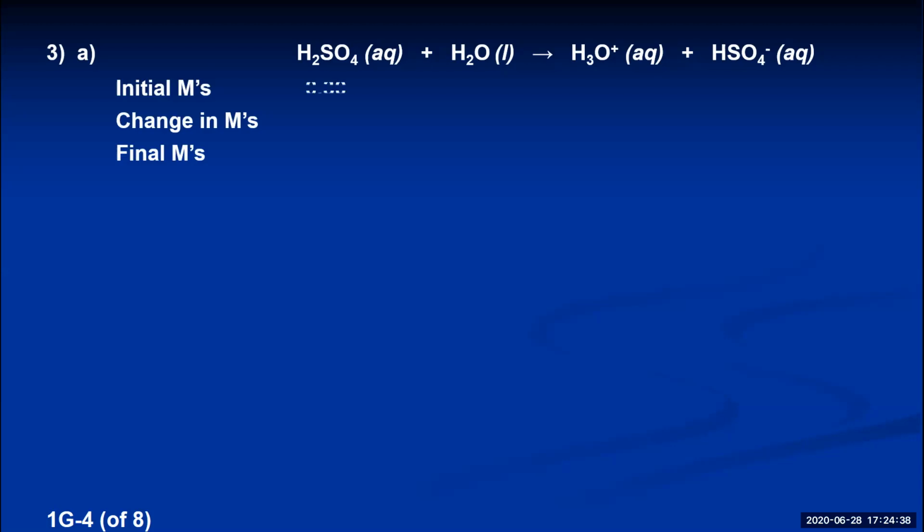So the sulfuric acid was 0.30 molar, and before it ionizes, there's no hydroniums, no bisulfate ions. And because it's a strong acid, all 0.30 of it reacts away. In a 1-to-1 ratio, it'll form 0.30 molar of hydroniums and 0.30 molar of bisulfate. So therefore, the final molarities won't be equilibrium molarities because it doesn't establish an equilibrium.